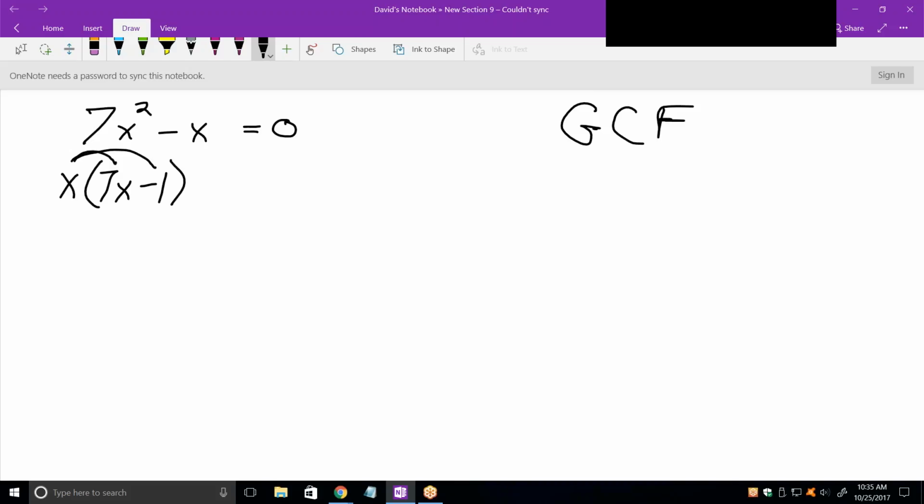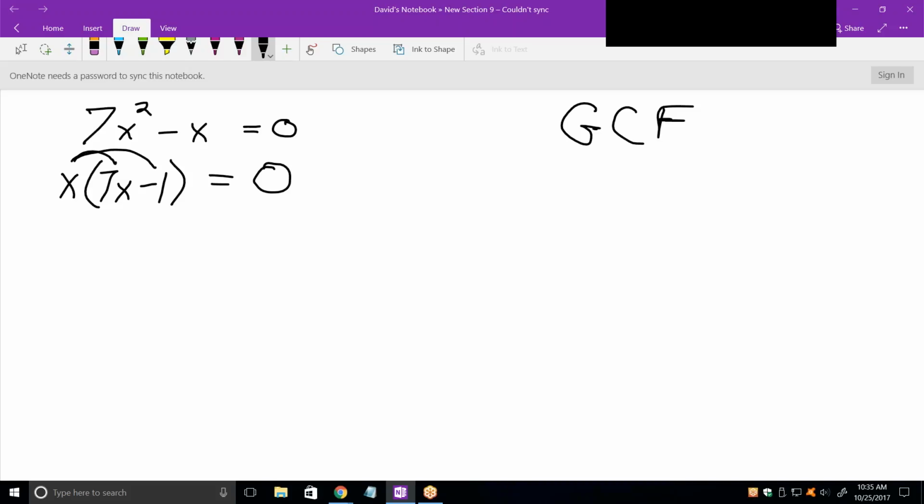Distribute that x back to those two terms and make sure you get what you started with. Because it's easier to find mistakes at this point than when you get to the end of the answer. It's almost impossible to figure out where you made your mistake if you get to the end.